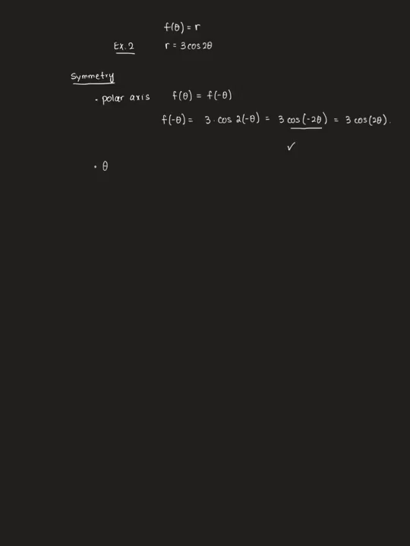To check symmetry over theta equals pi over 2, we're going to look to see whether f of pi minus theta equals f of theta. So to do that, we'll find what f of pi minus theta gives us. And that's going to be 3 times cosine of 2 times pi minus theta, which is 3 cosine 2 pi minus 2 theta.